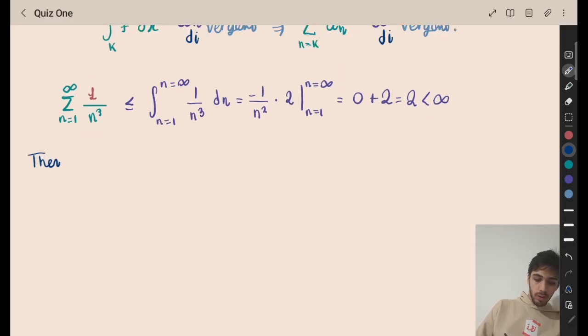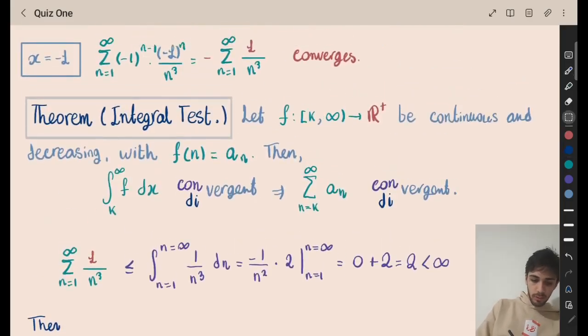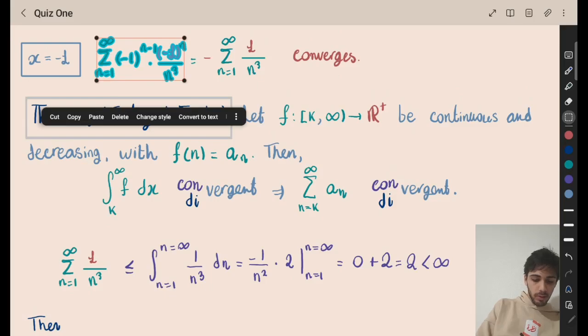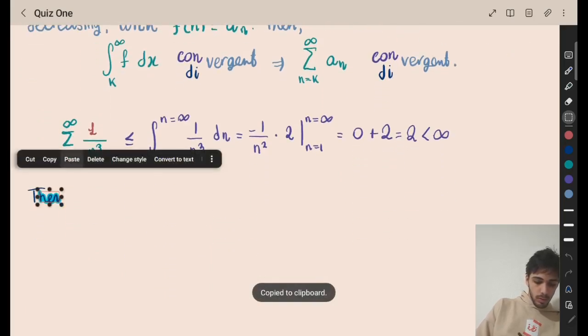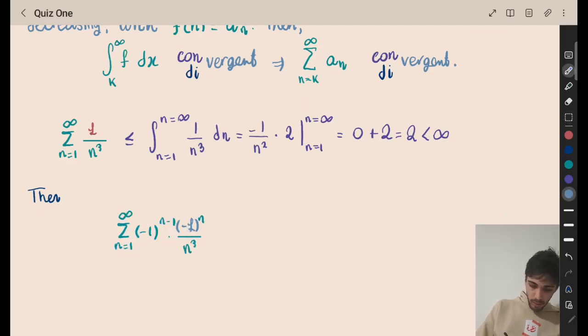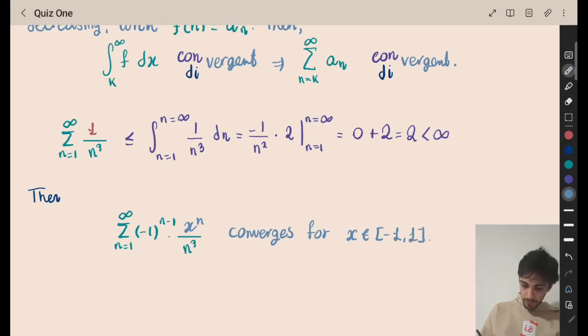Then this series, which I forgot and I don't have on the top of my head, converges for x in minus 1 to 1. And that should be more than sufficient for the goals we would like to achieve.